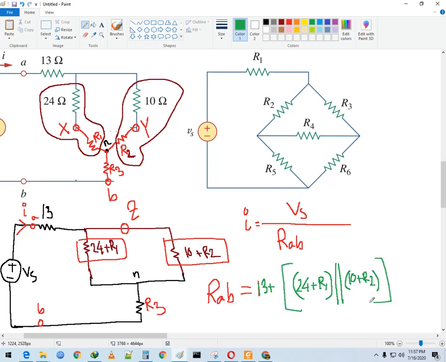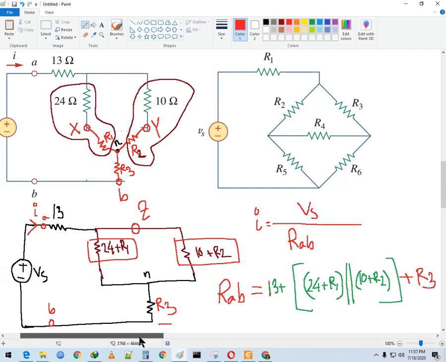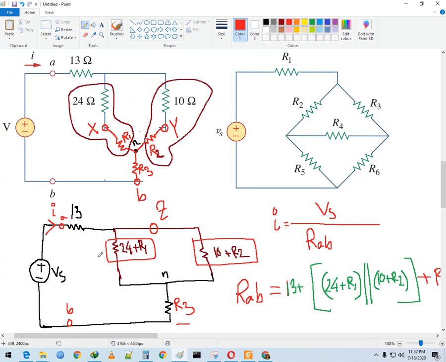This whole thing is one resistor, plus this R3 over here. If you know all the values, now you can calculate the value of I. So you see that using delta to Y transformation, we managed to solve this circuit.